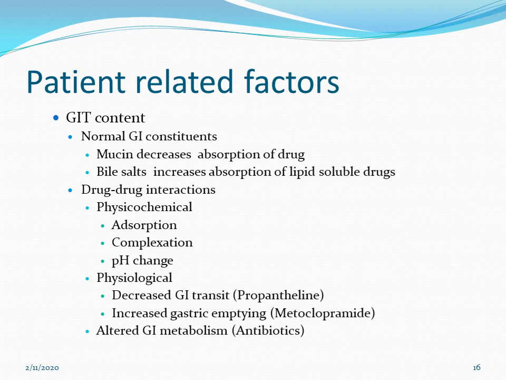Change in gastrointestinal pH also alters the absorption of drug. In the case of physiological drug interaction, for example propantheline decreases the gastrointestinal transit and thereby alters the absorption, while metoclopramide increases the gastric emptying and alters the absorption of certain drugs. So this is about the drug-drug interaction.